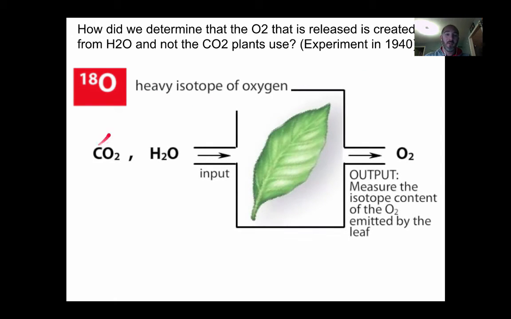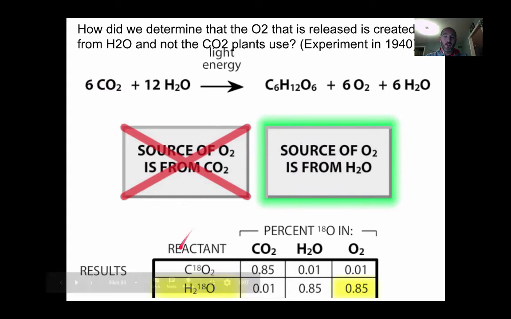The idea was this: if we take this isotope and put it with just carbon dioxide, we can then measure the oxygen-18 isotope on the oxygen molecules that are made. Then we run the experiment again and attach the heavy isotope to just the water, and again see what the output is for the oxygen molecule. So this is what the results told us.